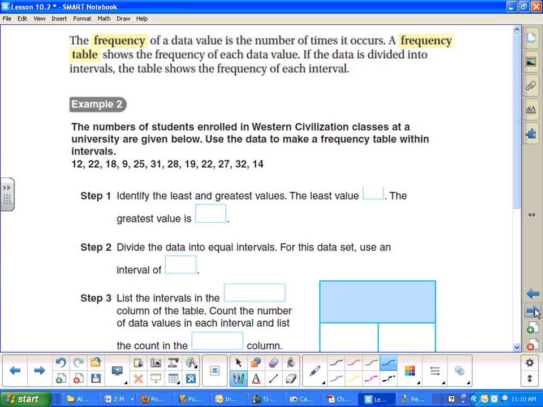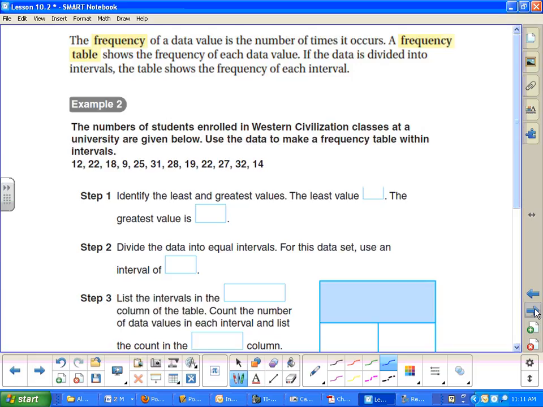Sometimes it's not just a single value. Sometimes it's a group of values, like the numbers 20 to 25, 26 to 30, or 26 to 29. But each of the intervals you choose all have to be the same width. You can't do 20 to 23 and then 24 to 30. They have to be the same.